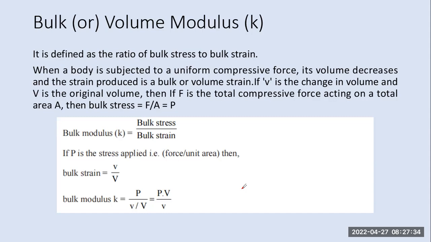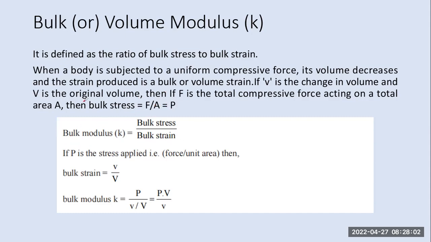If small letter v is the change in volume and capitalized letter V is the original volume, and F is the total compressive force acting on a total area, then our bulk stress is equal to force over area. Our stress always has that formula, force over area, which is equal to pressure.